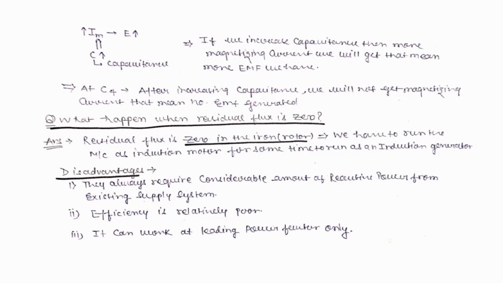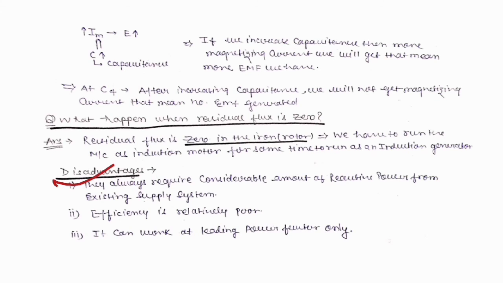When it starts as an induction motor, a residual flux is generated in the stator core. After that, if we start the induction generator process, we will get some voltage output or some developed active power at the terminal of the induction generator.